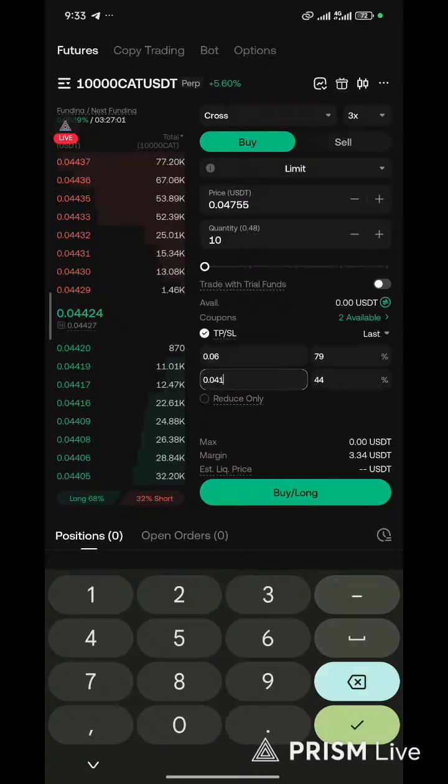Have you seen how much I'm going to earn? 75% if it hits my take profit, and 44% if it hits my stop loss.